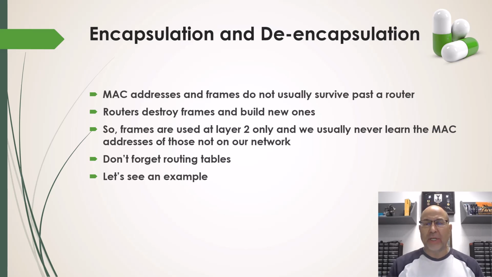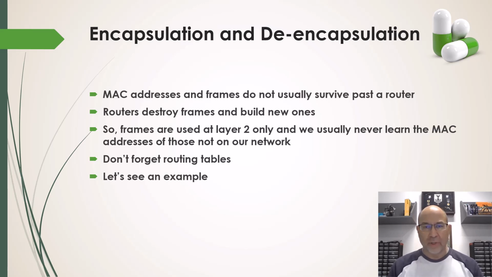So, encapsulation and de-encapsulation. Here are a couple of ideas that we need to realize. MAC addresses and frames do not survive past a router. We use frames to communicate with anybody that's on our network, including our default gateway. Routers destroy frames and build new ones as they forward things out the other side.